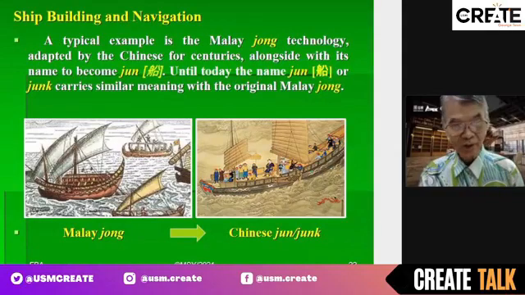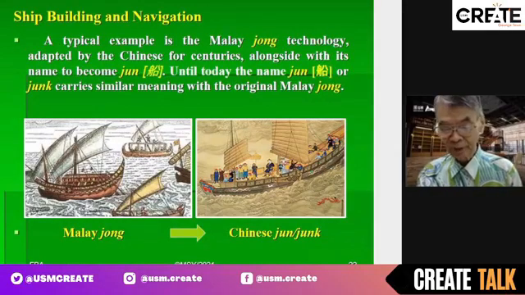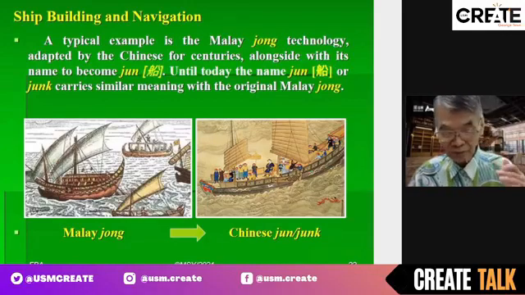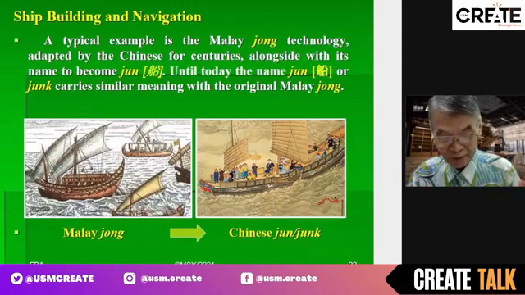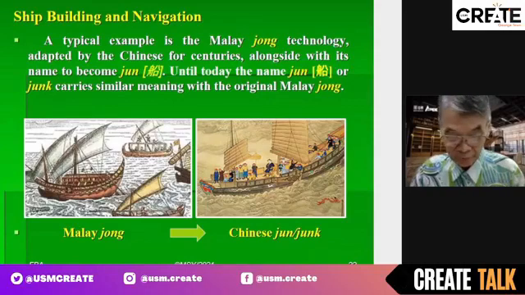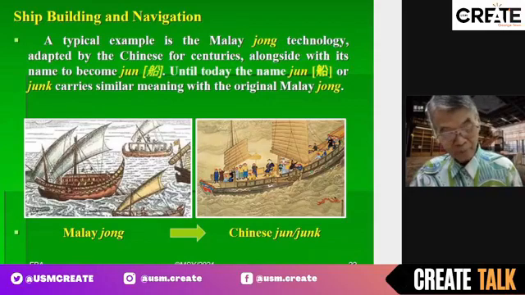I already mentioned the Jong just now. Malay Jong technology was adapted by the Chinese for centuries, alongside its name, Jong. The name is specifically Javanese, actually, from Java. But when the Chinese adopted the Jong technology, they also adopted the term, and the term in Chinese adaptation becomes Jun.